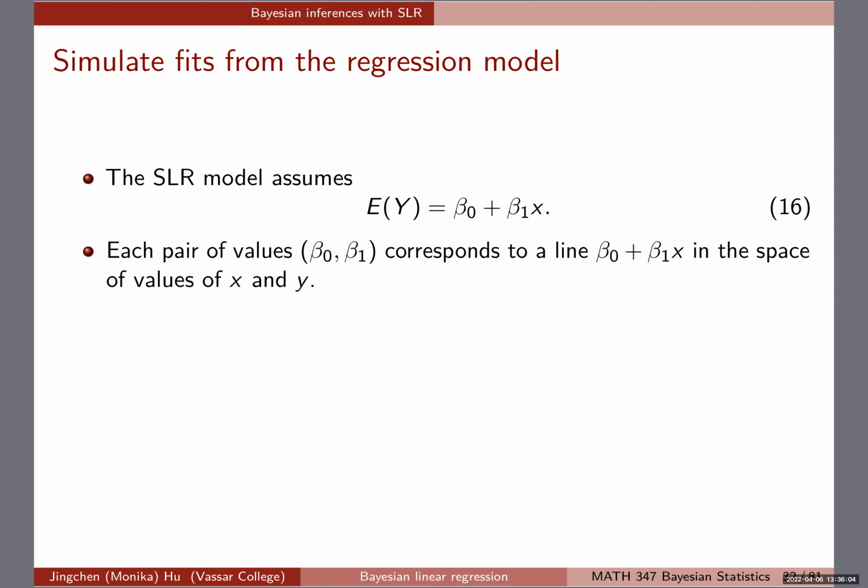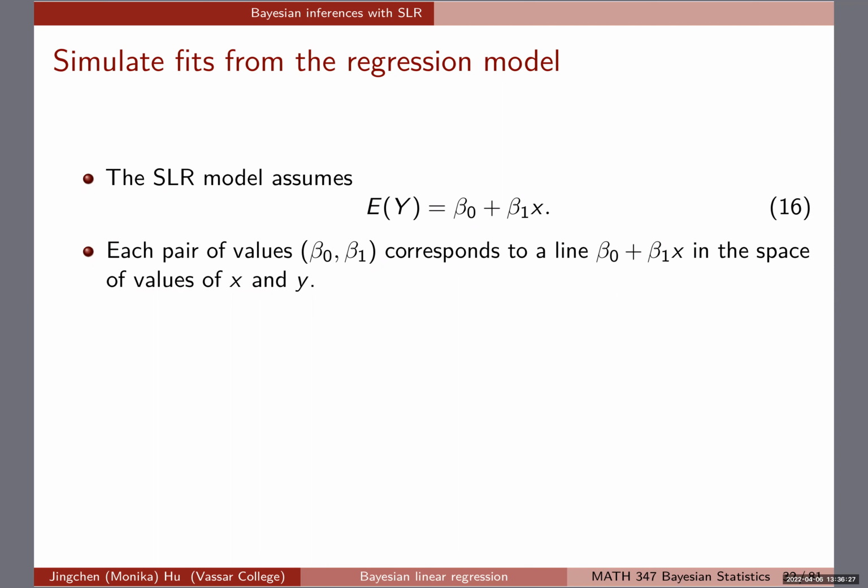We can compare this to what you do in a frequentist framework. In a frequentist framework, you just run the lm function in R, and it gives you the point estimate for beta 0 and beta 1, and also a 95% confidence interval or the standard error and all that. However, in the Bayesian framework, we get posterior draws for all of the parameters of interest.